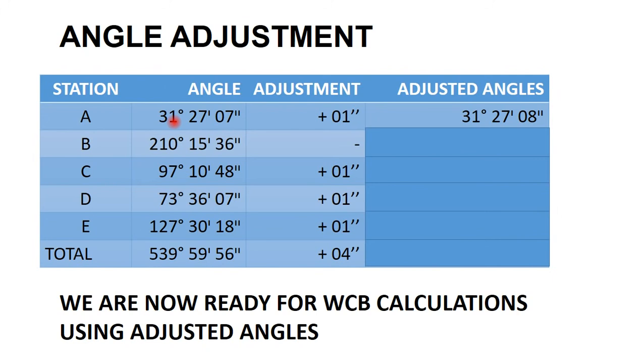And for angle B, we are not adding anything, because we have just selected 4 angles to which we are going to add 1 second. So angle B will remain as it is, and angle C is 97 degrees 10 minutes 48 seconds plus 1 second. Then it is going to give us 97 degrees 10 minutes and 49 seconds.